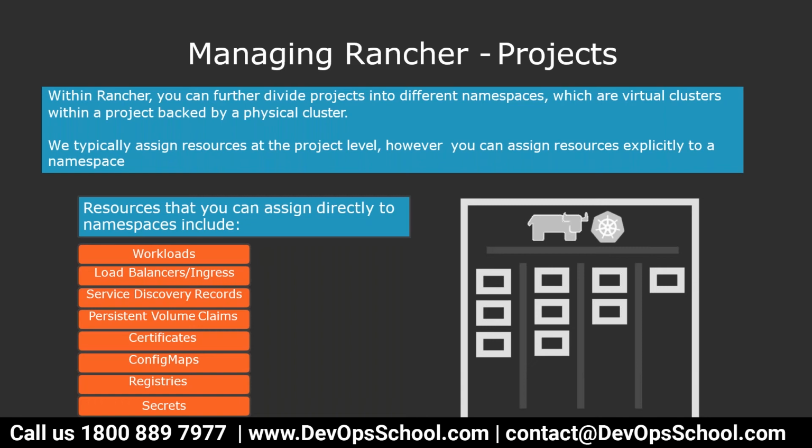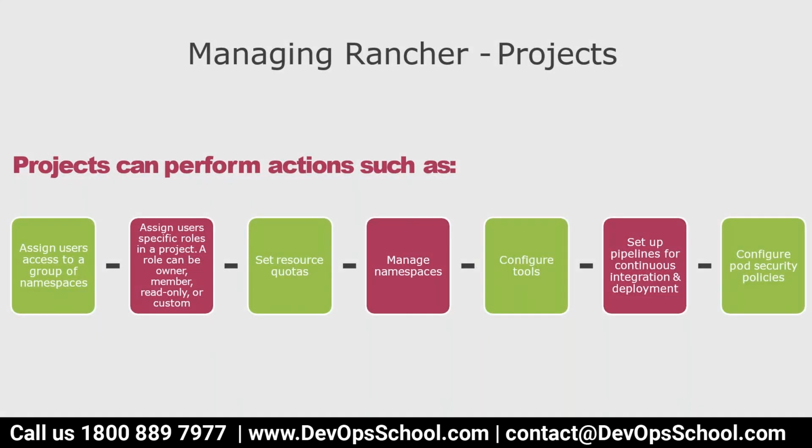Basically, in a simple way, you create a namespace, and inside the namespace you can create a workload, load balancer, service discovery, PVC, certificates and all these things. You can have multiple namespaces in one project. Someone may ask: I have one cluster, but I have 5 projects to manage, so what do we do?